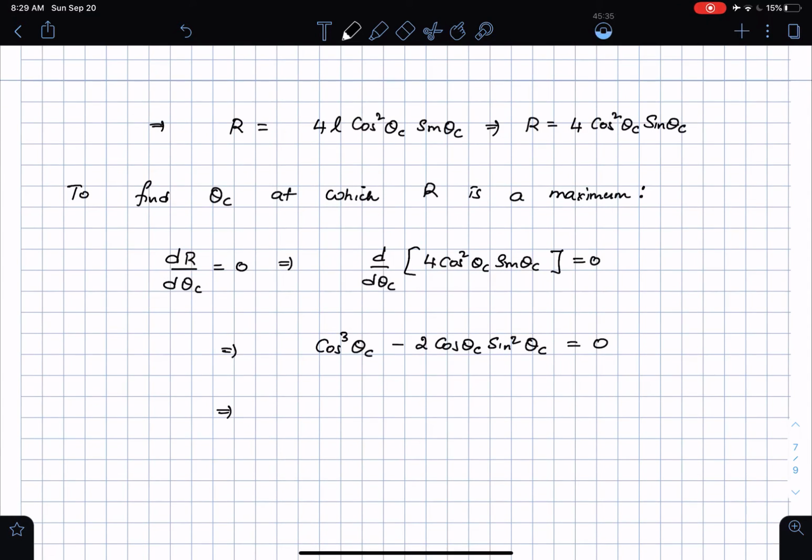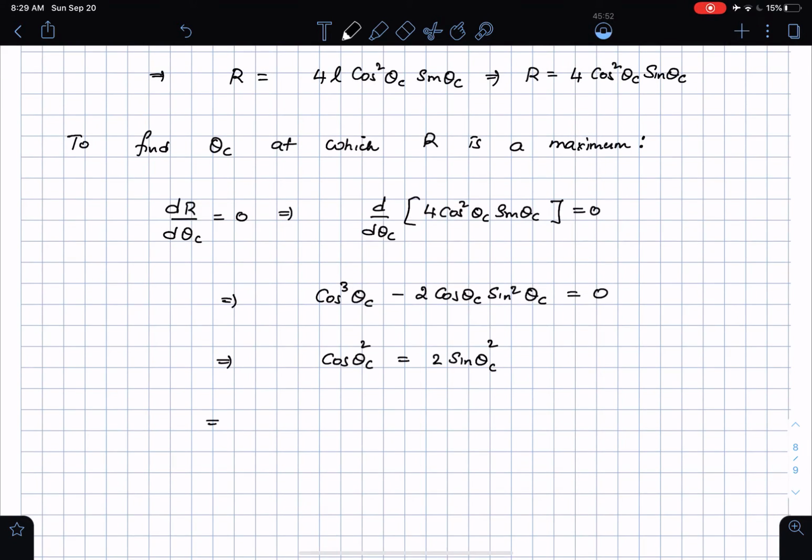If I can get rid of some of these common quantities, then cos theta c is equal to 2 times sine theta c. Cos squared theta c is equal to 2 times sine squared theta c, which tells me that tan squared theta c is equal to a half, so tan theta c is 1 by root 2.